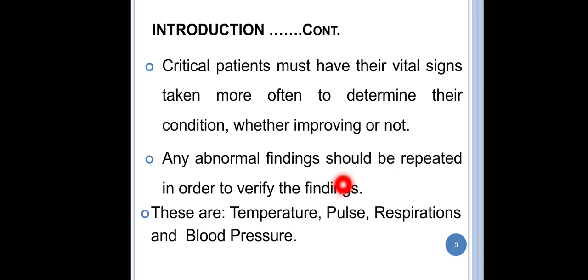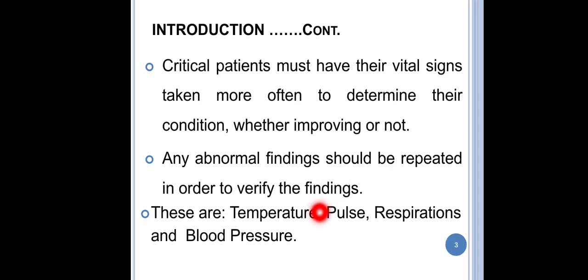Okay, you need to verify the findings. So for example, if you measure the BP of someone, maybe the first measurement you did, you got higher blood pressure, and then you thought maybe it was a machine error, and then you try again, then it gives you the same. Don't rush into conclusion. Of course, intervene in the most possible way that you can at that particular time. But don't jump into conclusion that someone is having hypertension, which is high blood pressure. No, you need to verify, measure later on.